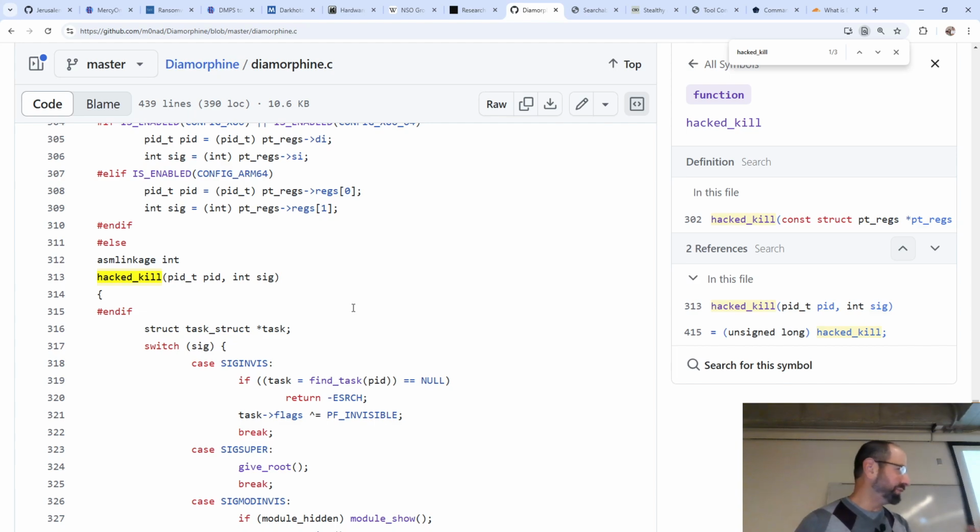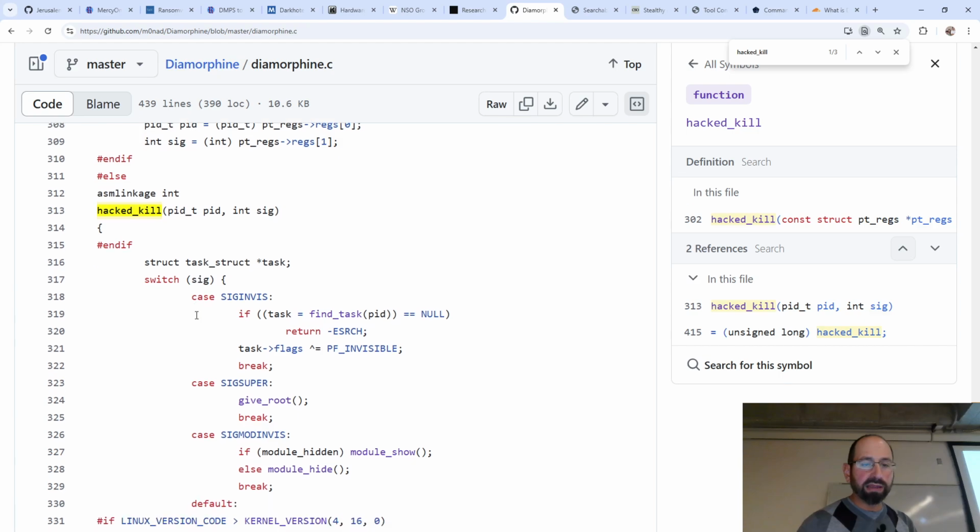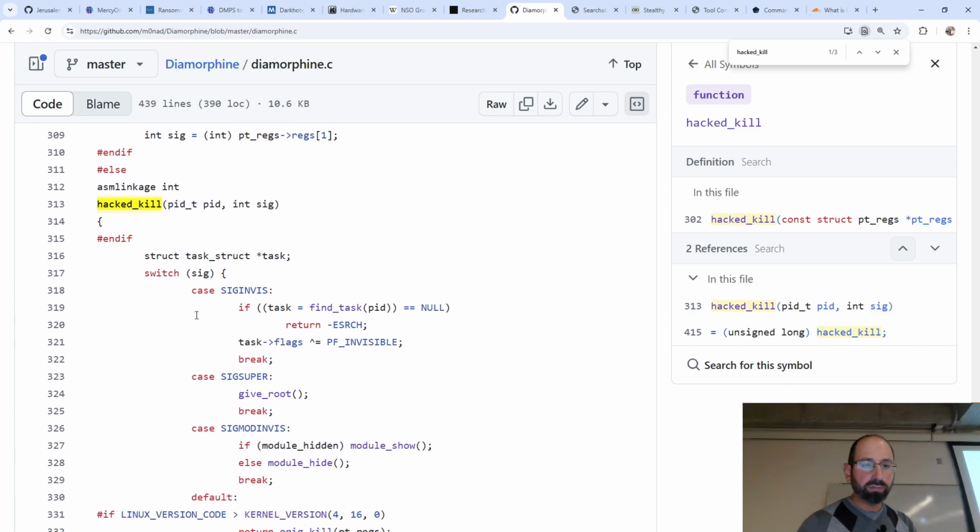There are different flags you pass to the kill command, and in this case, it is checking which signal. It is creating a new signal to check if I want to make a process invisible or not. It checks for the task that we're looking to potentially kill and flips the flag as to whether or not it is invisible or visible to the regular kill command.